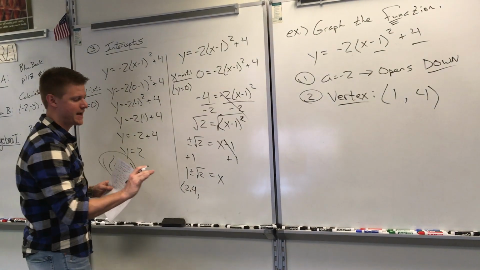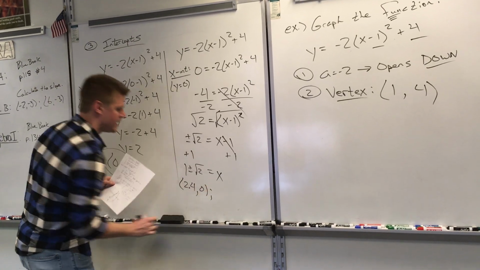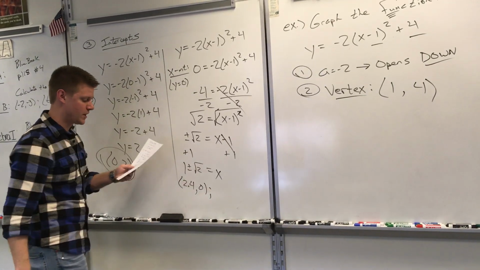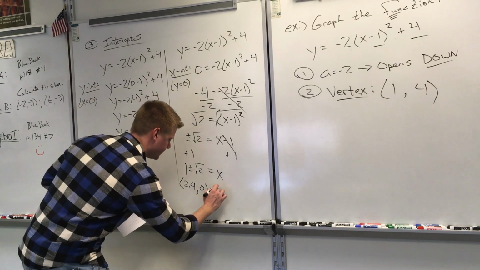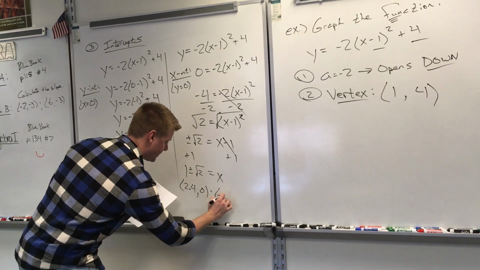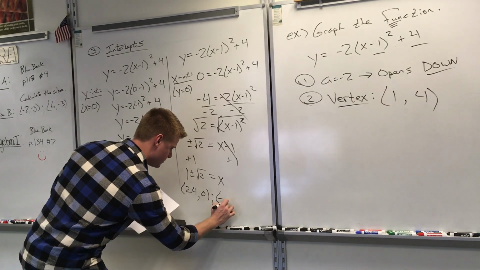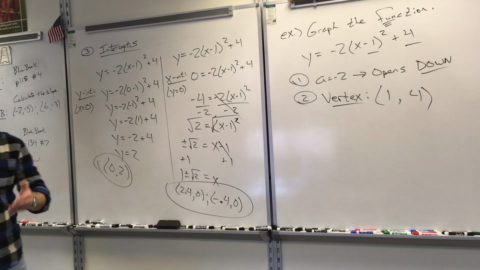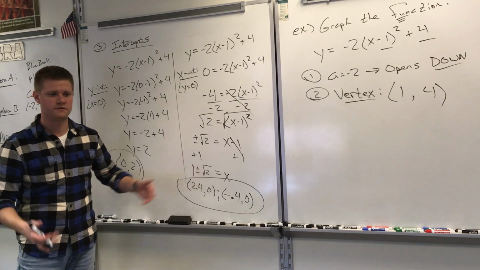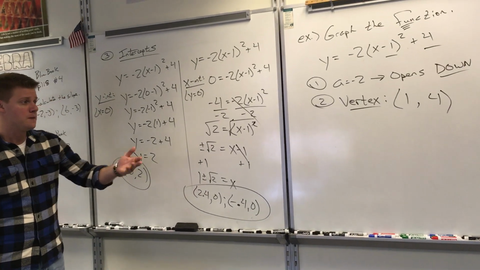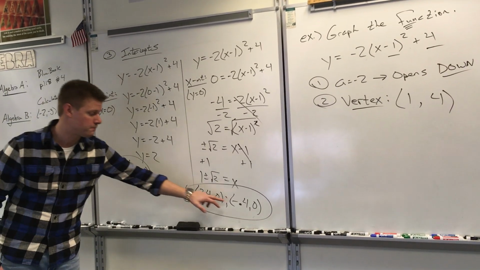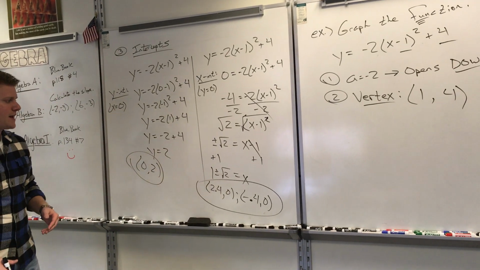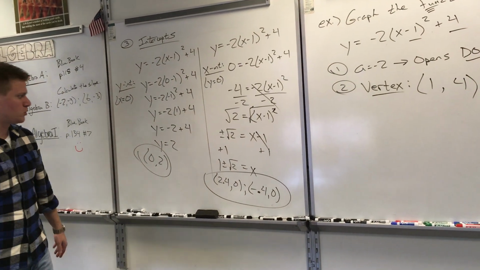Again, these are not exact, these are approximations. And then if I do 1 minus the square root of 2, that is approximately negative 0.4. So again, not exact answers because the square root of 2 is not an exact value, but now I do have 3 other points that I can approximate now on my graph and build this a little bit more specifically.